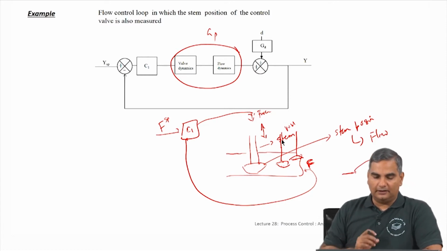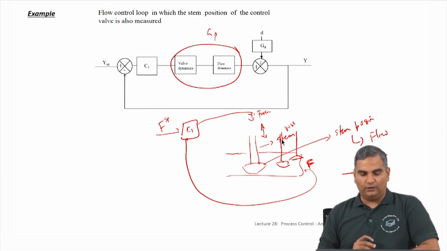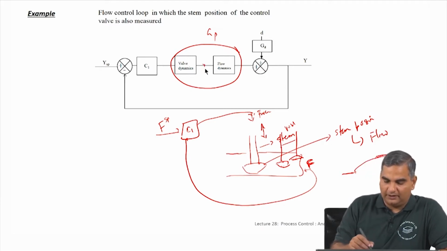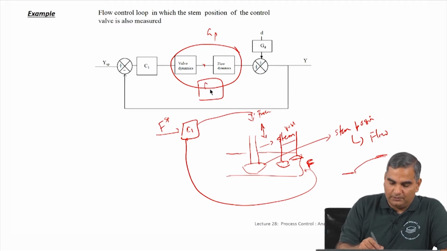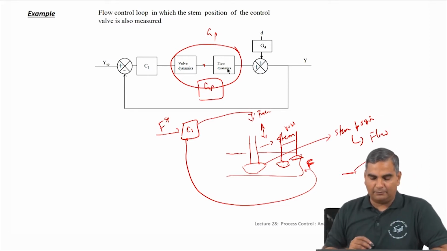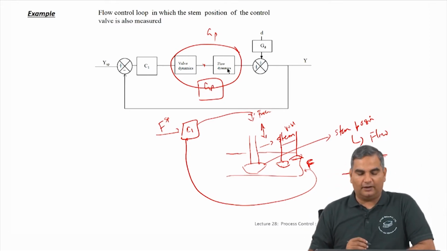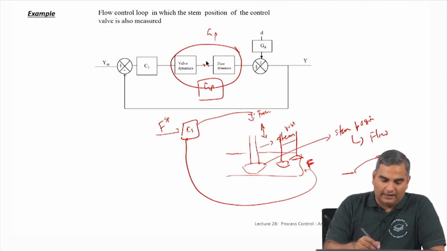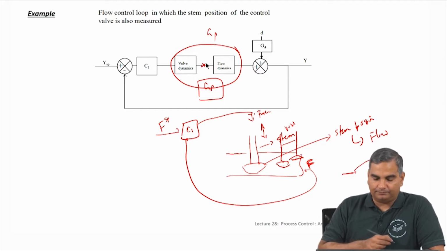So, here the idea is the following. If I do not measure the stem position, I do not have a measurement here, in which case I just put one GP here, which is a combination of the valve dynamics and flow dynamics, and I cannot do anything other than the standard closed loop. Supposing I have a measurement here.